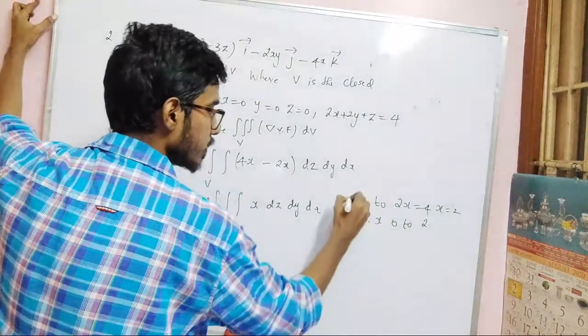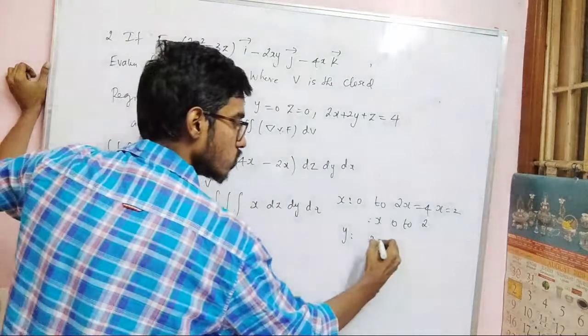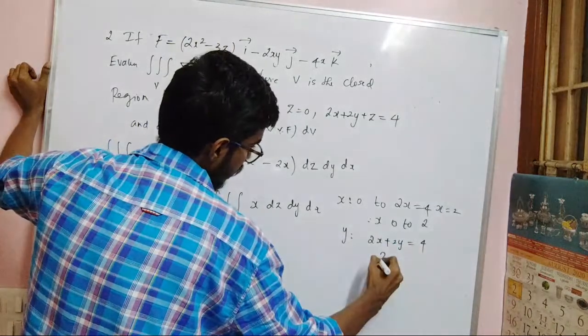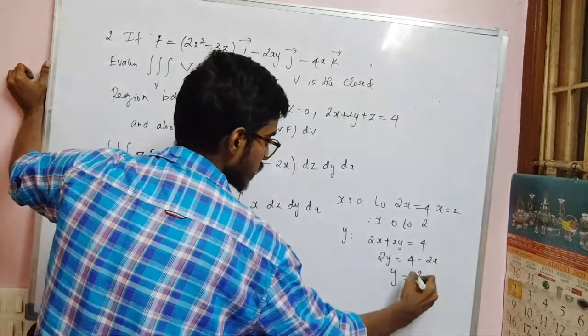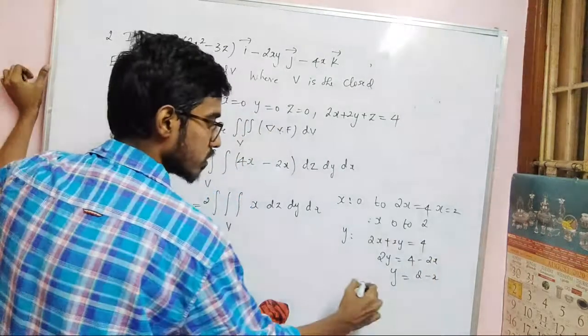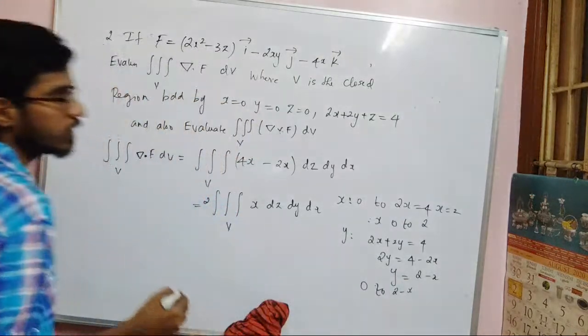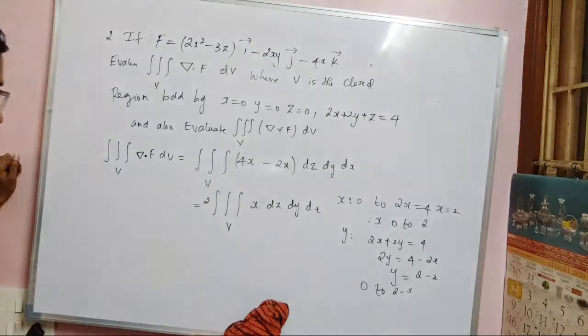For the y limit, z is equal to 0. So we have 2x plus 2y is equal to 4. That means 2y is equal to 4 minus 2x. If I take 2 outside, we will have 2 minus x. Therefore y limit is from 0 to 2 minus x, and clearly z limit is from 0 to 4 minus 2x minus 2y.